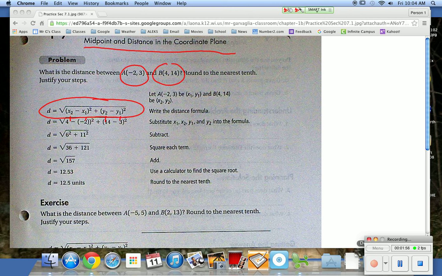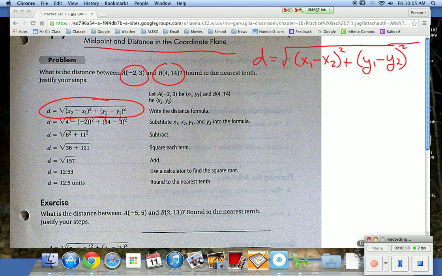All right? Because when you square them, they're always going to become positive, right? So with the distance formula, I can write it like this. Equals the square root of x1 minus x2 squared, as long as you keep the y's in the same order. You can switch this around. So you can do this.